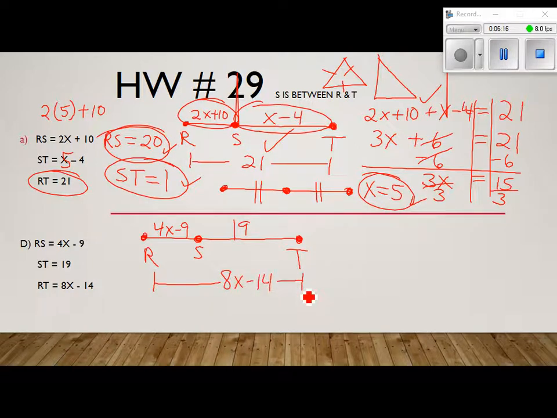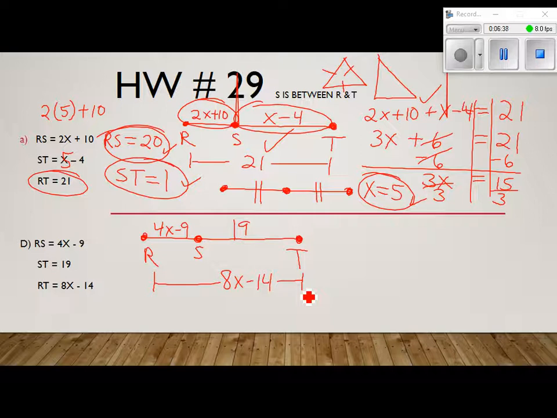And I know some of you are thinking in your head right now, well, I don't need to write all that out. I could just set up the equation and go. I don't need to draw that picture. I had a young lady in intervention yesterday doing this part D right here, this exact one. And I solved it and she solved it. And she figured out that she had the wrong answer because she'd set it up wrong. Because she didn't draw the picture.